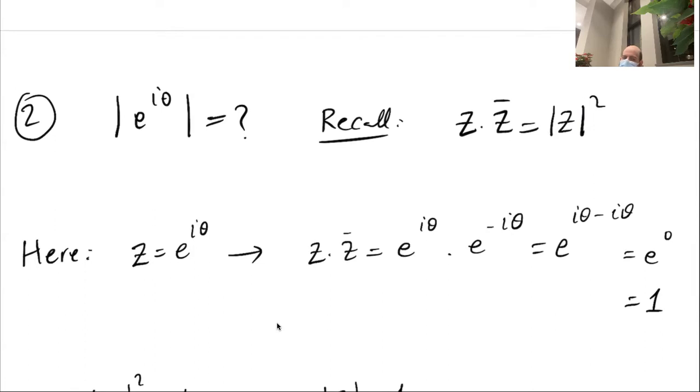So what does that mean? That means this number can be used to solve equations of the form z to power n equals 1.